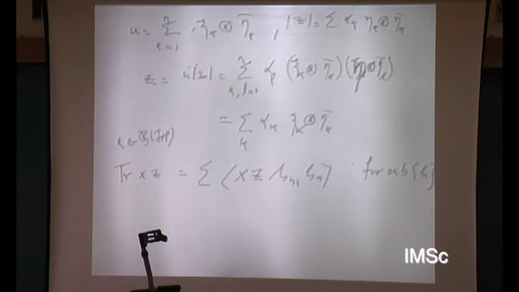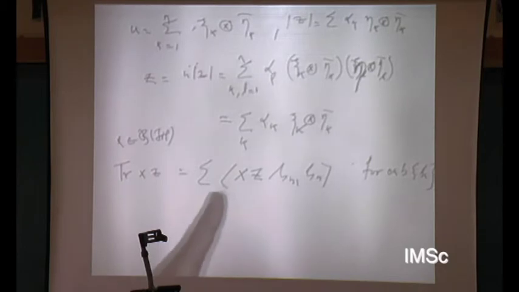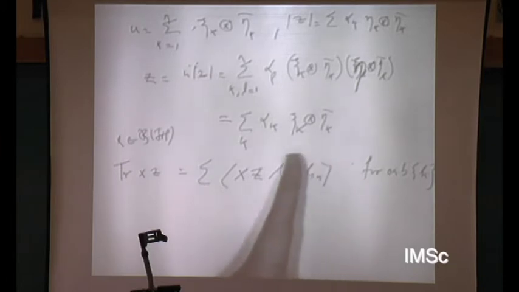So how will you choose the orthonormal basis to make this computation easy? Extension of the etas, because z is going to send the etas to the xi's.